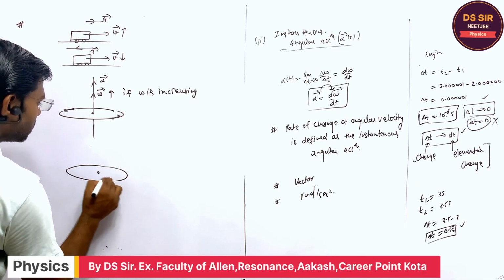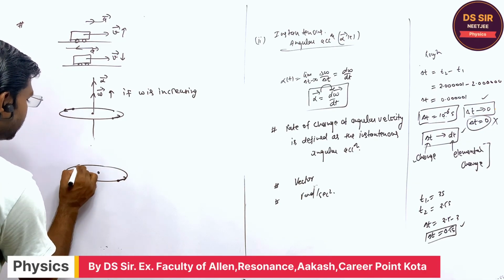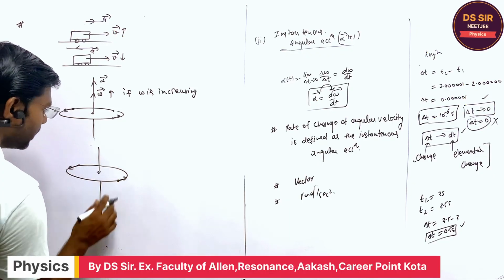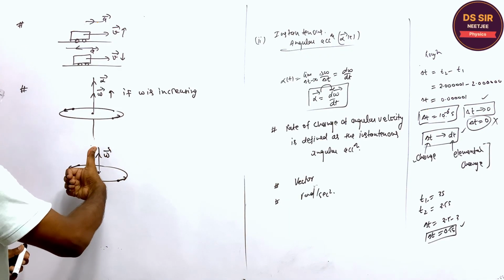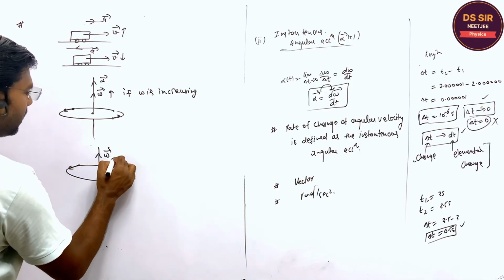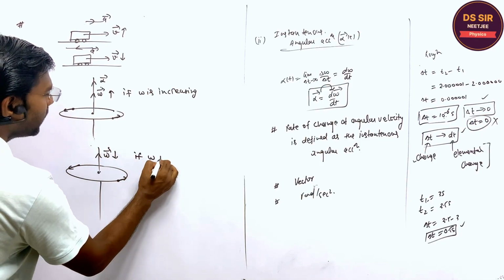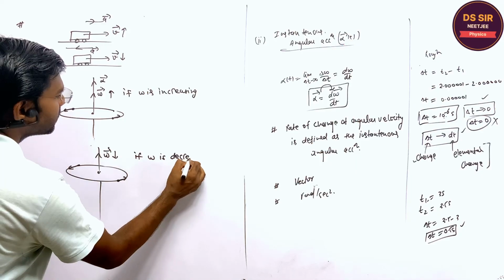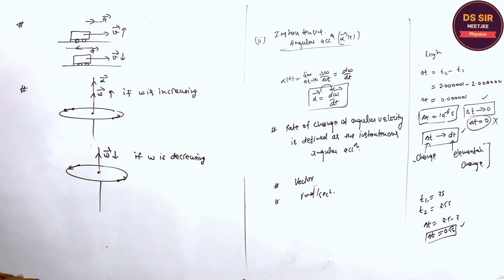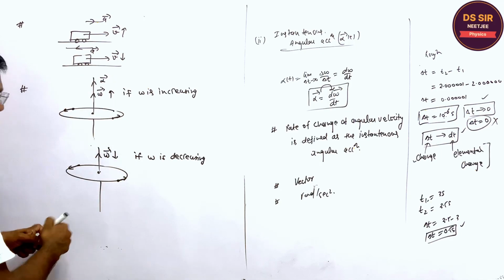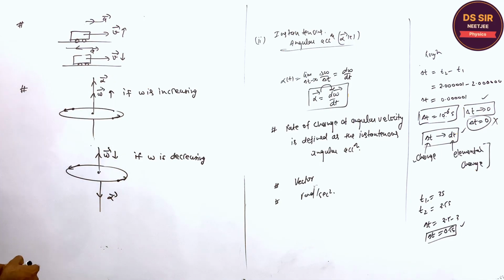But suppose the particle is moving like this, so the direction of the angular velocity is given by the right hand thumb rule, and omega is decreasing. What will be the direction of the angular acceleration? Alpha is opposite to the angular velocity. So this is the direction of alpha.